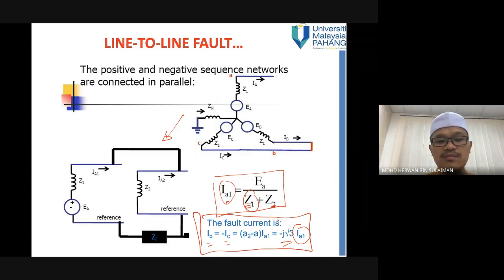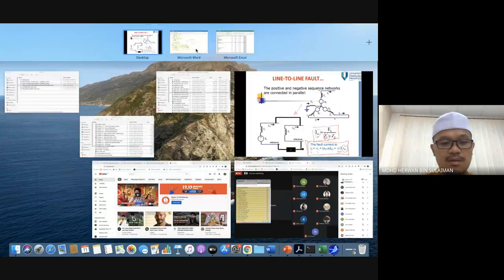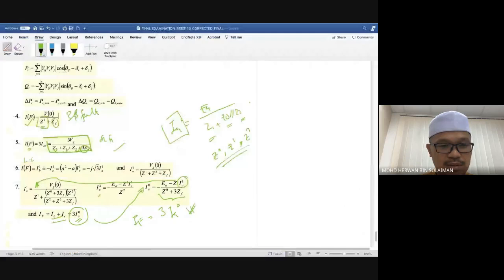Terus you dapat fault current. Okay. So once you dapat IA1, nak dapat IA1 guna this equation, kena ada Z1 dengan Z2 saja. Dapat IA1, you darabkan dengan ni, you dapat fault current.